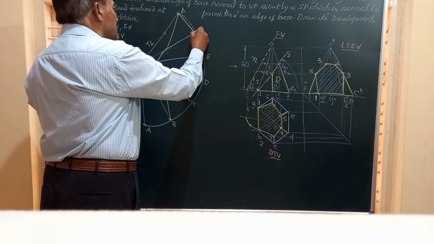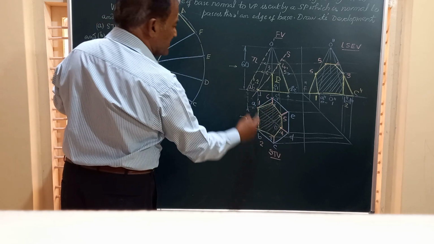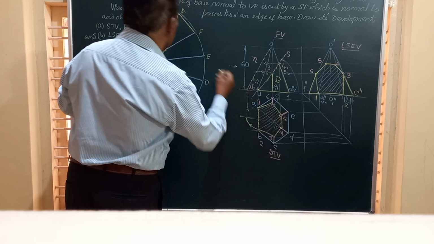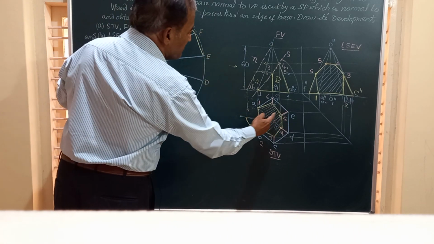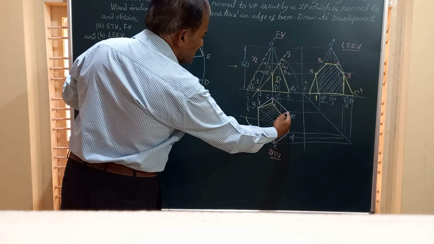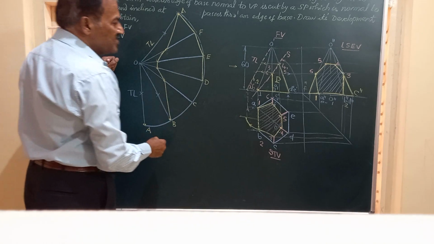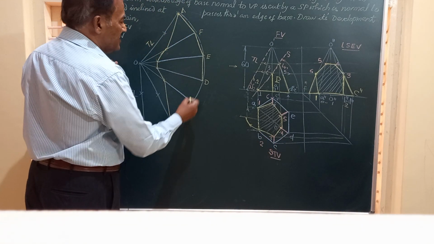So friends, again here E to F, that is E and F, edge EF is here, that is also retained, so I will show it by a full line. Then ED, E and D, this is also retained, show by full line. DC, D and C is retained, show by full line.